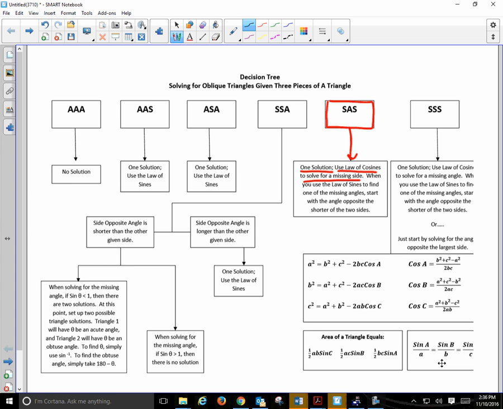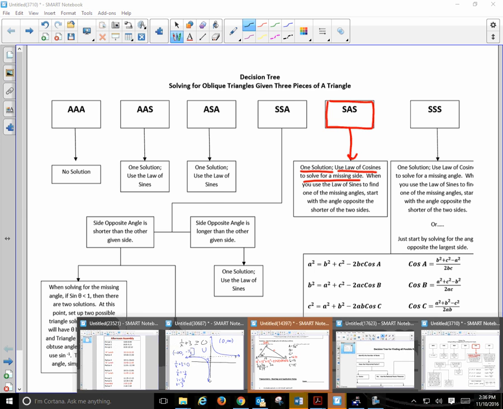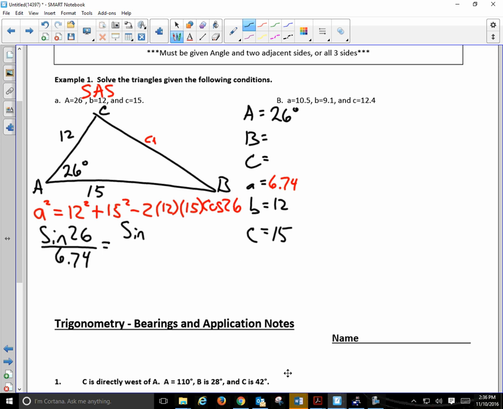Start with the angle opposite the shorter of the two sides. So, will I be trying to find angle B or angle C? I'm going to find angle B. Why? 12 is smaller than 15. So in the side-angle-side situation, that's what you'll go to.